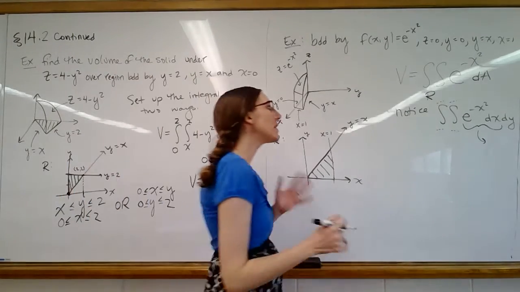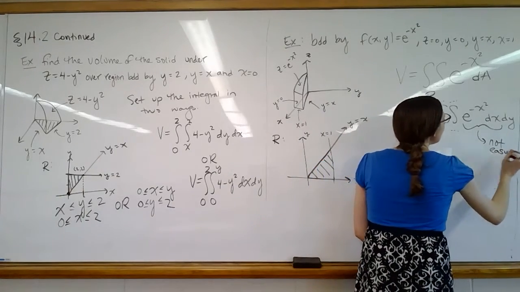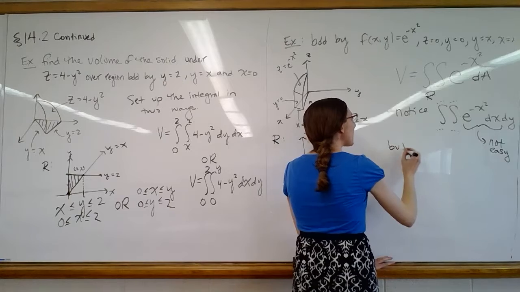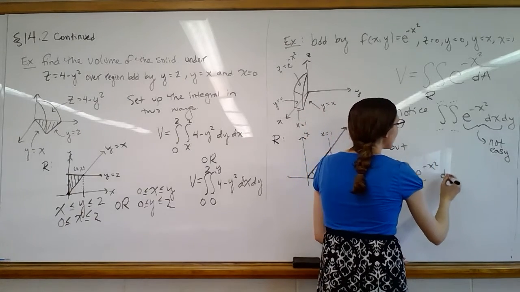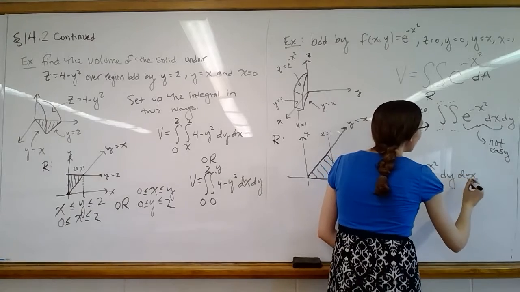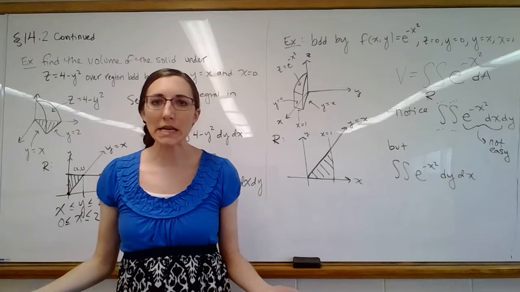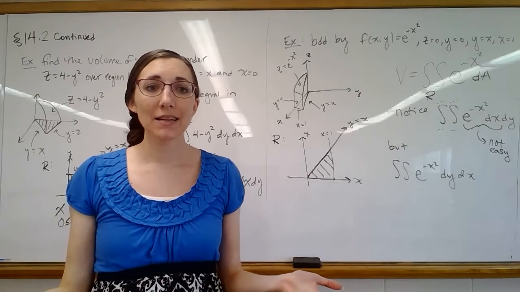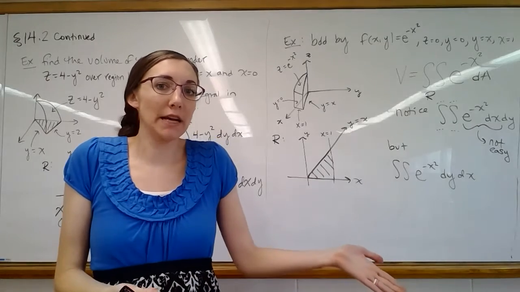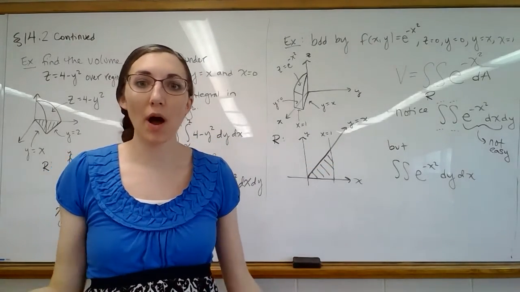So this is not easy. But if I just switch the order to e to the negative x squared dy first and then dx, in terms of y, e to the negative x squared, the whole thing is just a constant. So when we integrate it, it's just going to be e to the negative x squared times y.